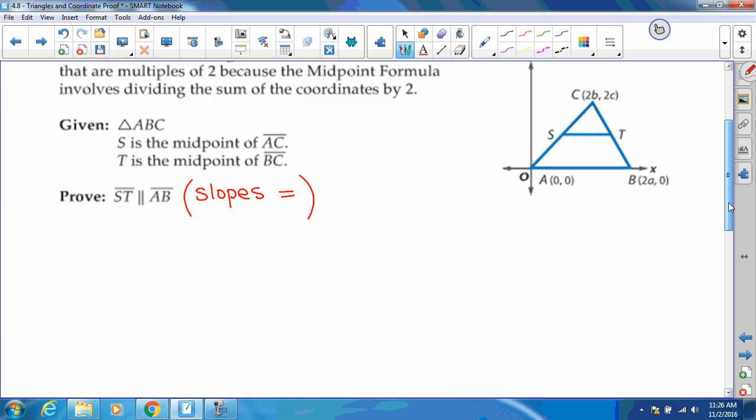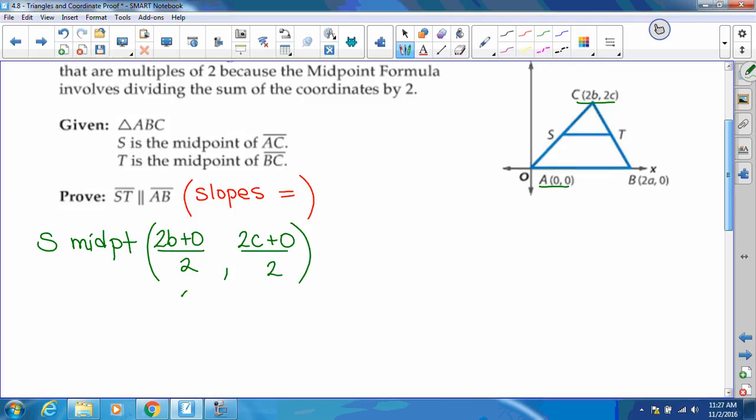To be able to show that their slopes are equal, I need to find the coordinates of point S and point T. To do that, S is the midpoint, so we're going to use the midpoint formula to find S. You're going to take your x values of C and A, so that's 2B plus 0, and we're going to divide by 2. Then we're going to take our y values of C and A, that's 2C plus 0, and we're going to divide by 2.